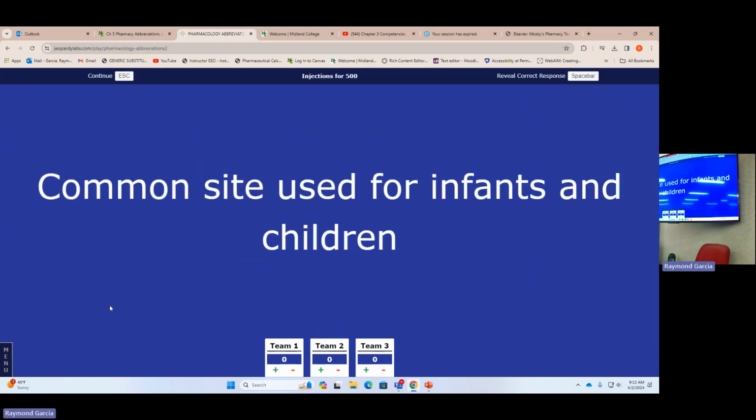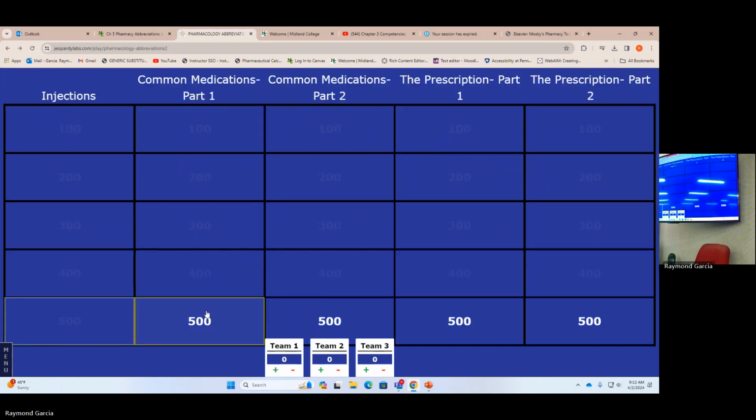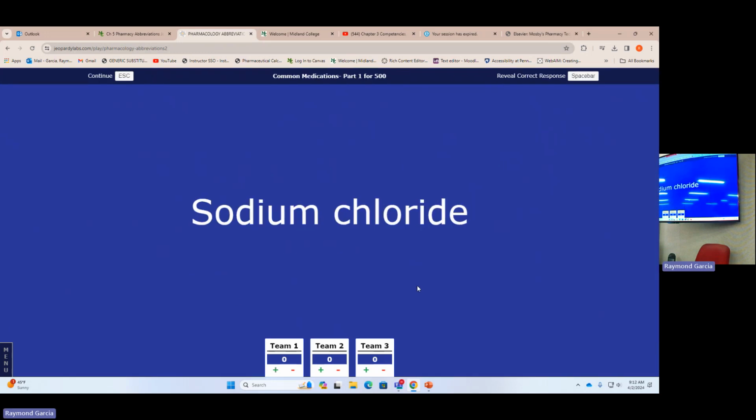Common site used for infants and children. I don't know what VL is. That one I have to look up because I haven't seen that one. Sodium chloride?